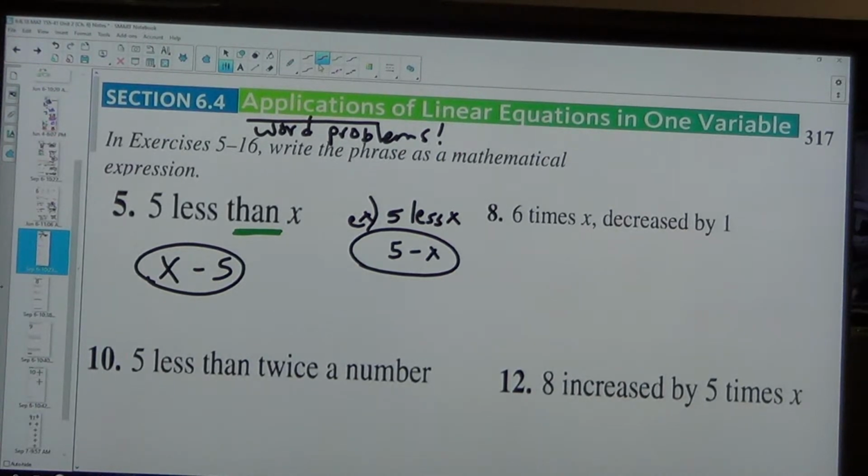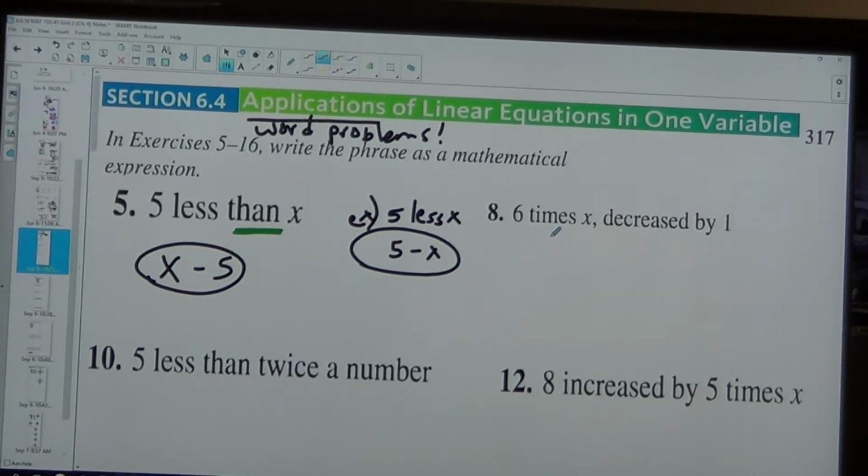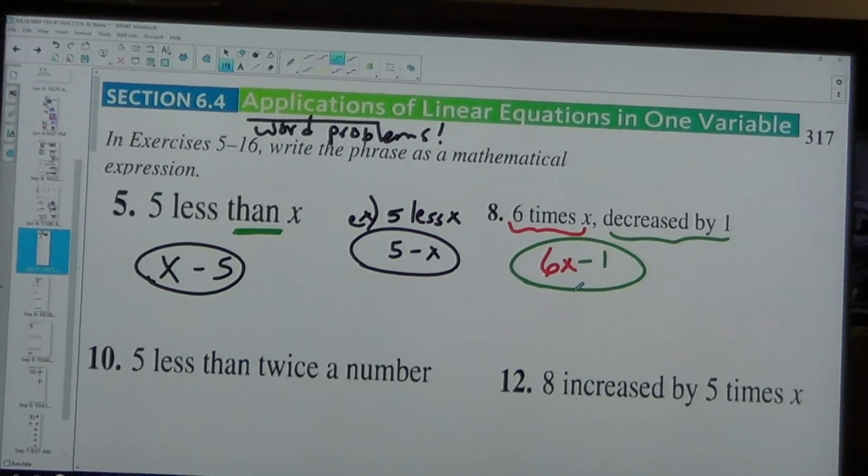Okay, what about number 8? 6 times x decreased by 1. 6 times x. So how do I do 6 times x? 6x, because we know if they're written side by side, that means multiply. And then how do I do decrease by 1? There's your answer.